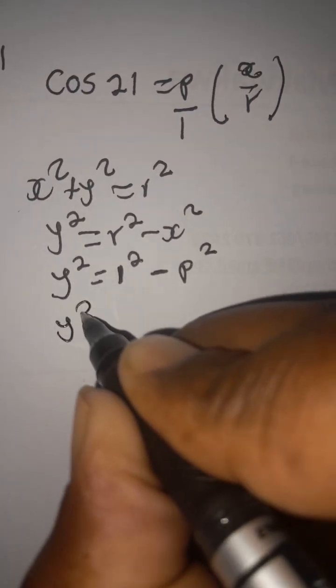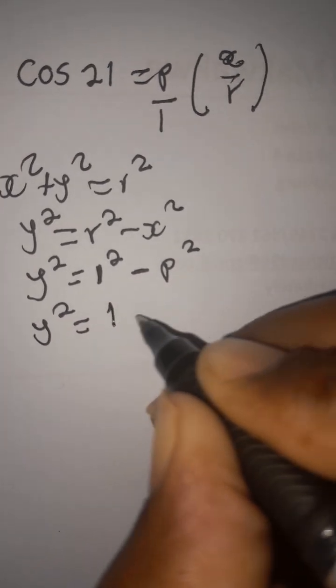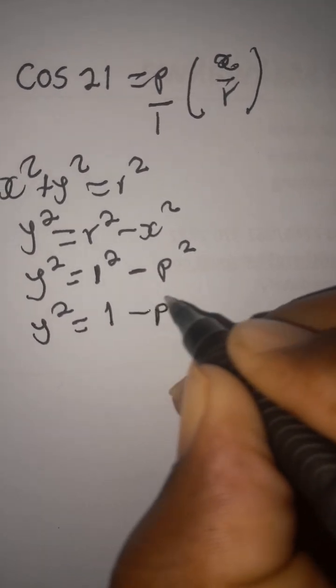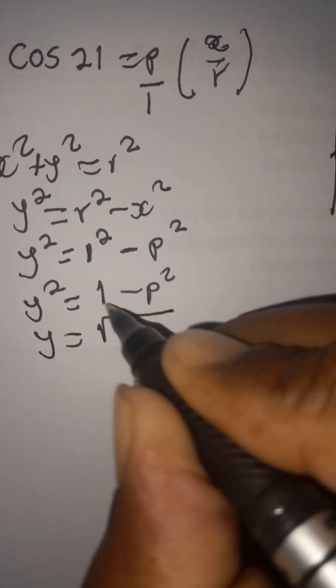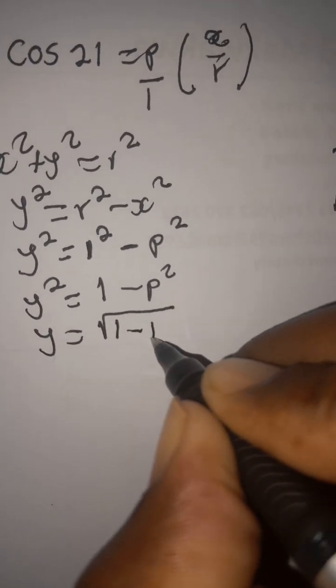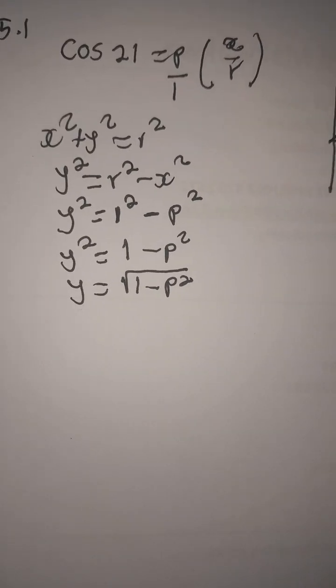So we'll have y squared equals 1 squared minus p squared. When you square 1, you have 1, and p squared remains p squared. Taking the square root, y will be the square root of 1 minus p squared. You will be left with root 1 minus p squared, right? That's how it should be.